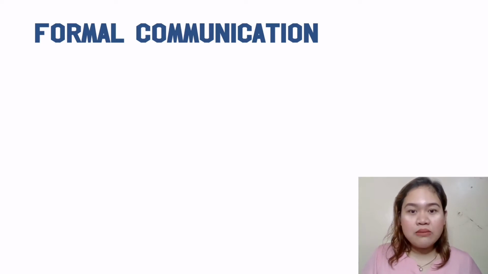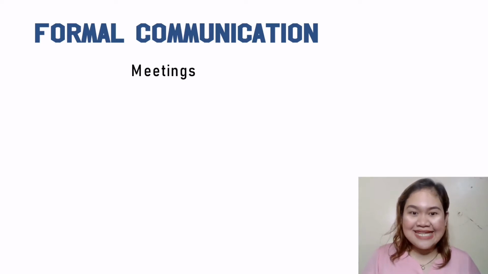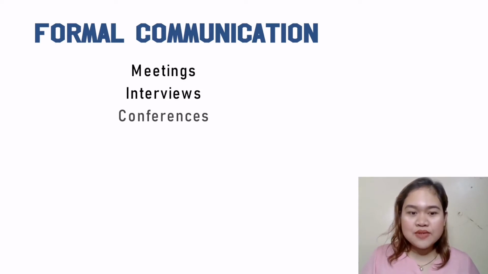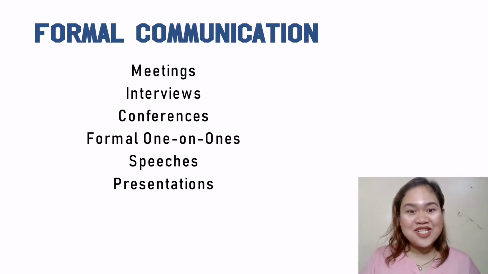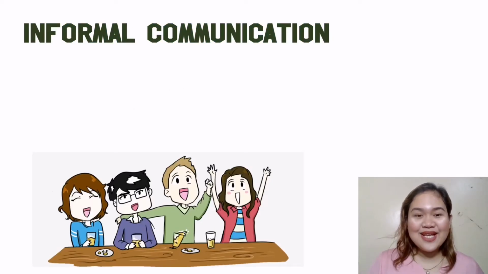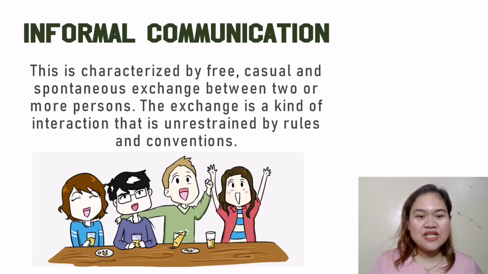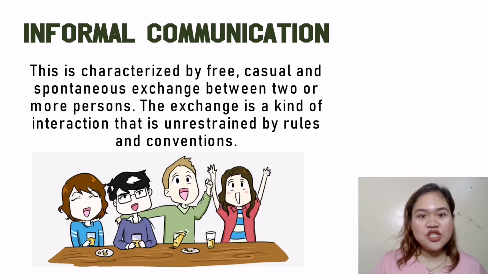The examples of formal communication are meetings, interviews, conferences, formal one-on-ones, speeches, and presentations. On the other hand, informal communication is characterized by free, casual, and spontaneous exchange between 2 or more persons. The exchange is a kind of interaction that is unrestrained by rules and conventions.